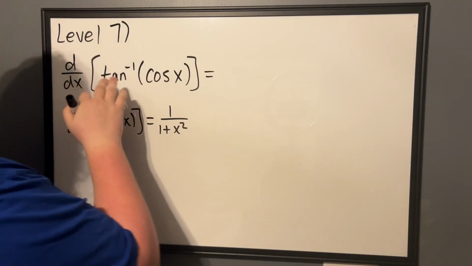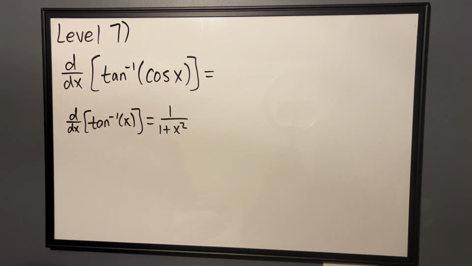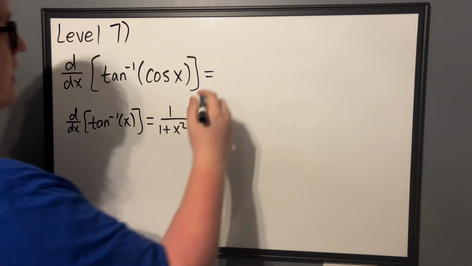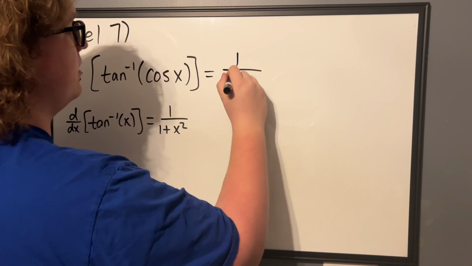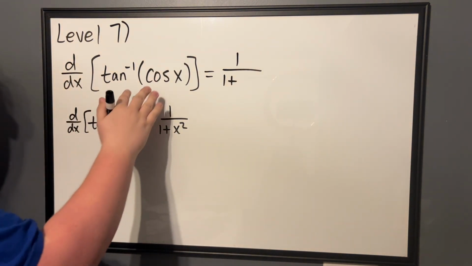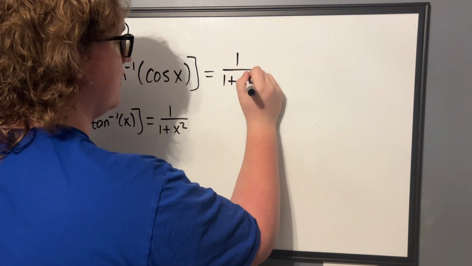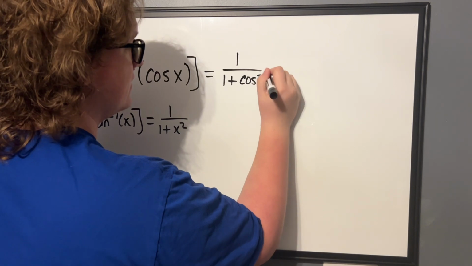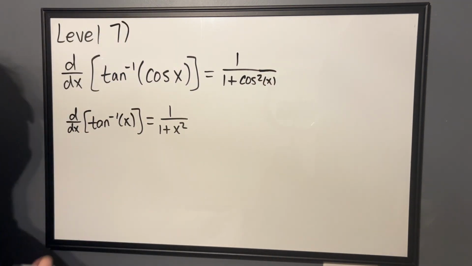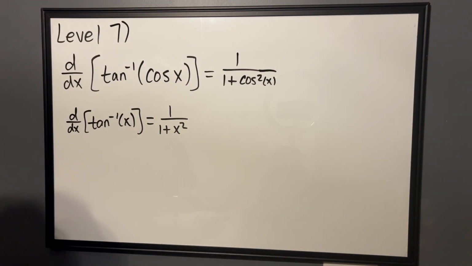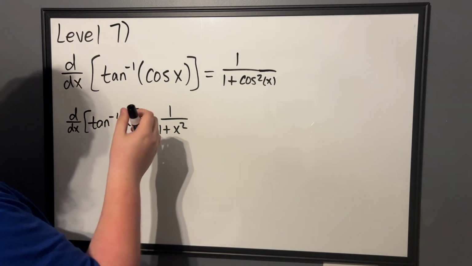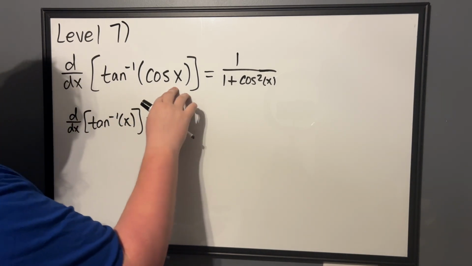So now our inverse tangent is the outside function. So we need to start with that. So we're going to take 1 over 1 plus the input squared, which is going to be cosine squared of x, right? Because we're just squaring what's on the inside. Now, this is where we need the chain rule because we didn't have just an x in here. We had a cosine x.